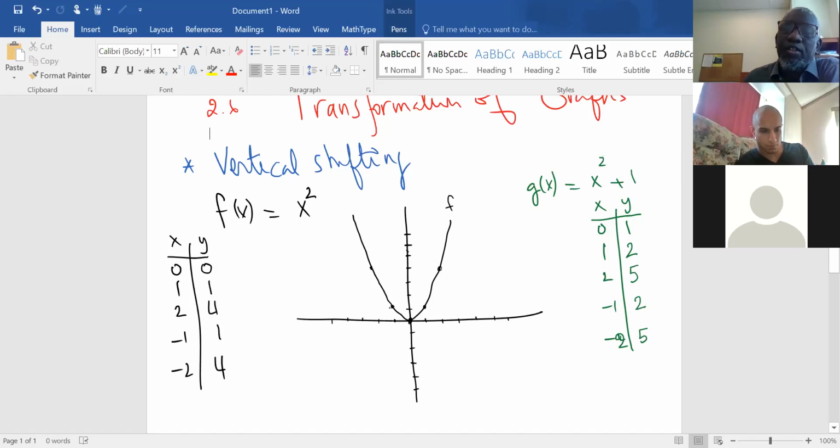Everybody agrees with that. So g of 0 is 1, g of 1 is 2, g of 2 is 5, g of negative 1 is 2, g of negative 2 is 5.